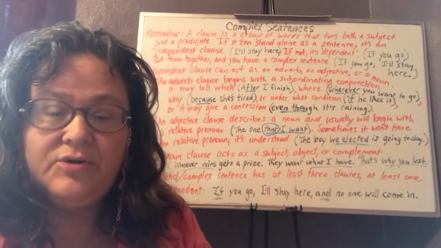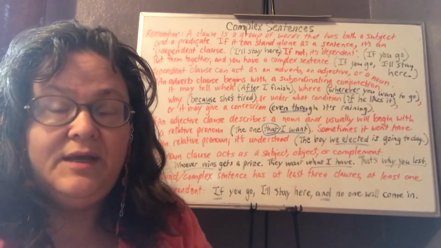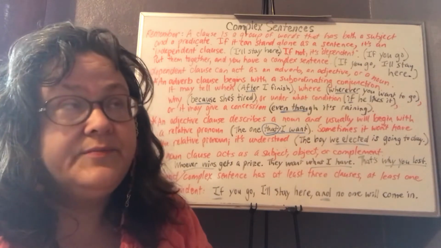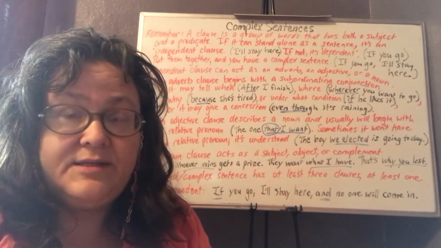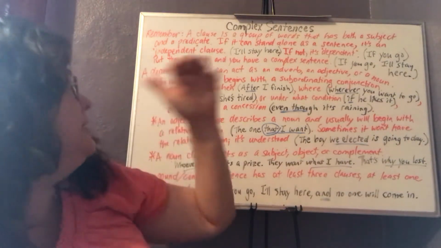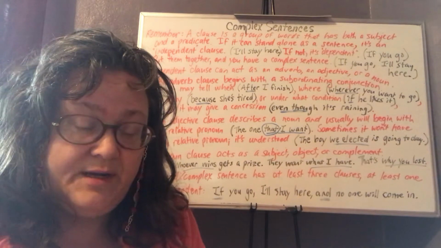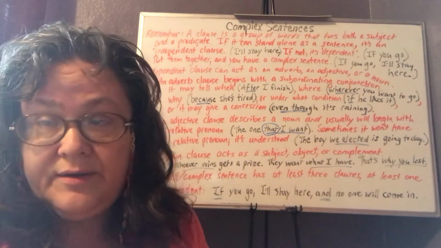If a group of words does not contain both, then it might be a phrase, but it's not a clause. An independent clause is a clause that can stand alone as a sentence, like this: I'll stay here. I can say I'll stay here, put a period there, and we're done. That's a sentence.